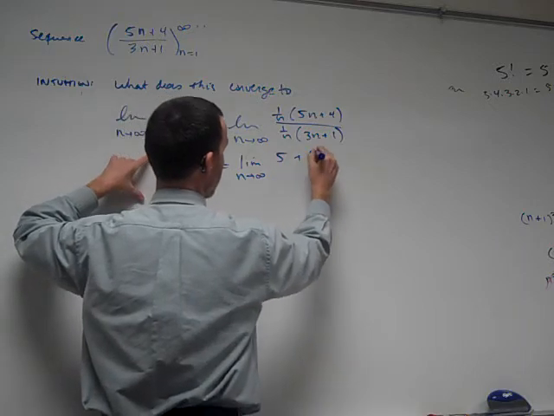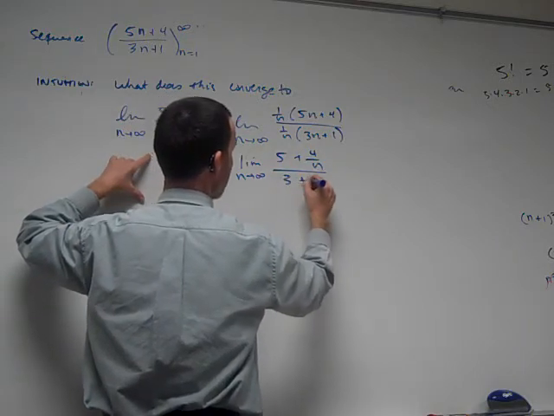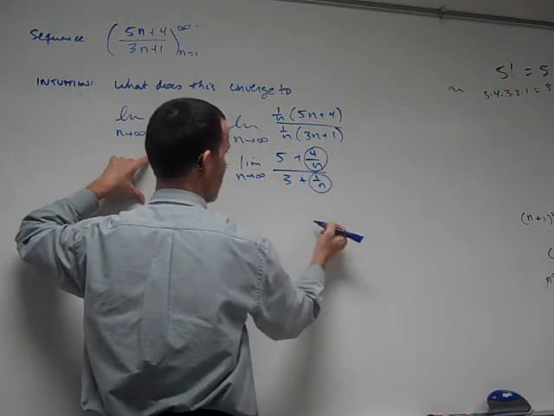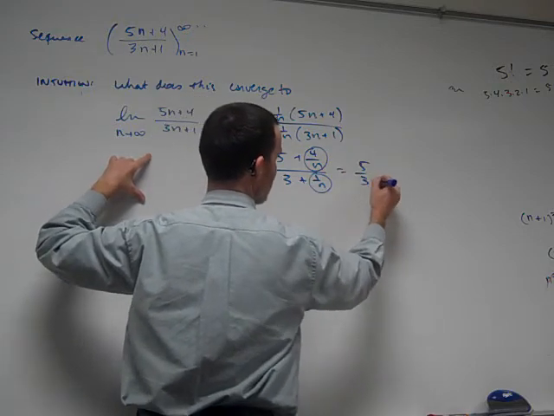That'd be 5 plus 4 over n over 3 plus 1 over n. Well, what's that going to? 0. What's that going to? 0. What's the whole thing going to?